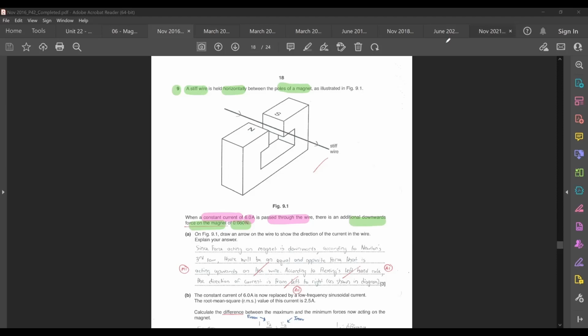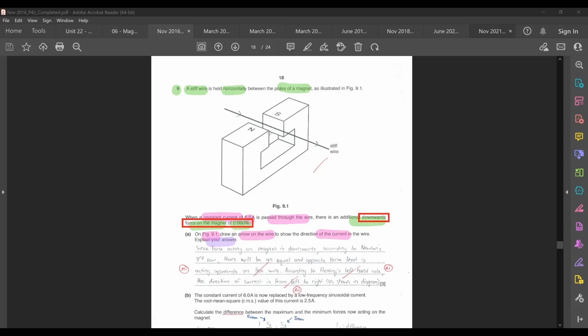On the figure, draw an arrow on the wire to show the direction of the current in the wire and explain your answer there. So right now, take note of what the question mentioned. They mentioned to you that you have a downwards force on the magnet of 0.08 Newton.